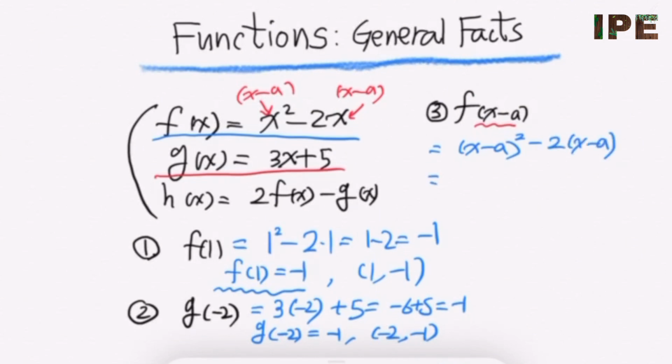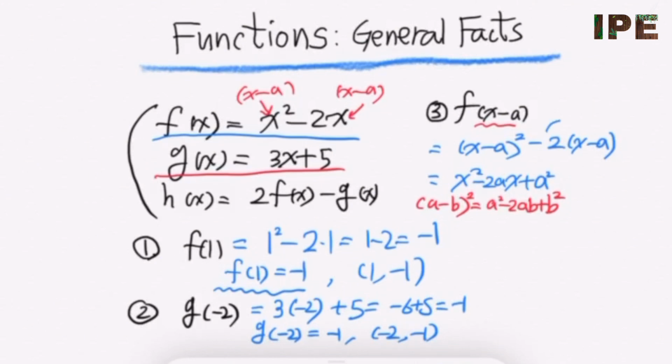And then expand it. (x minus a) squared is x squared minus 2ax plus a squared. Why? Do you remember the (a minus b) squared formula? The formula was a squared minus 2ab plus b squared. In this form, a is x and b is a now. So (x minus a) squared is equal to x squared minus 2ax plus a squared.